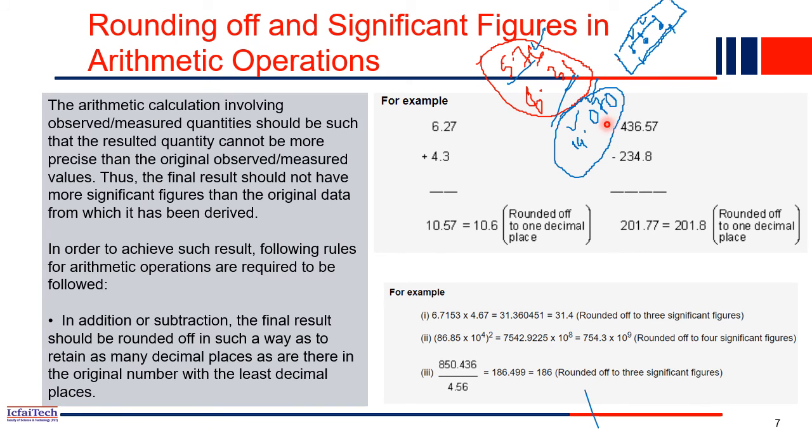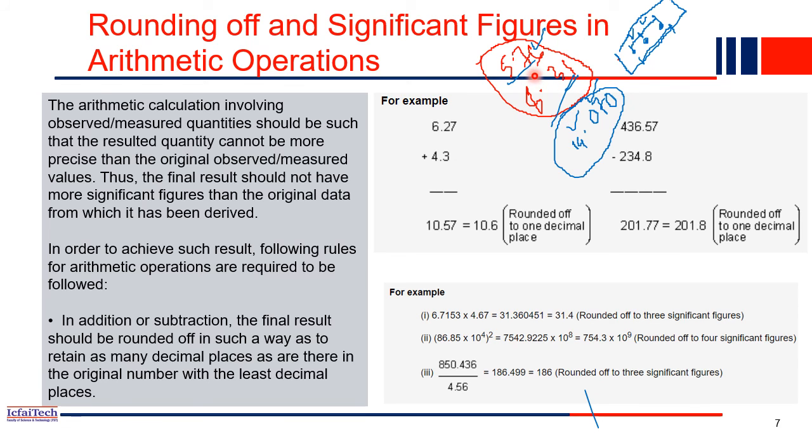So after you do the arithmetic operation, the significant numbers should not be more precise than the original observation. After you perform the operation, the accuracy should be the same, or it may be less depending on the situation, but it cannot be more.